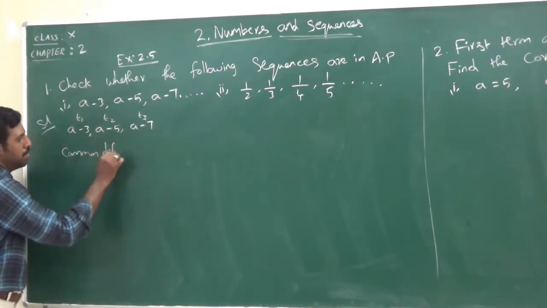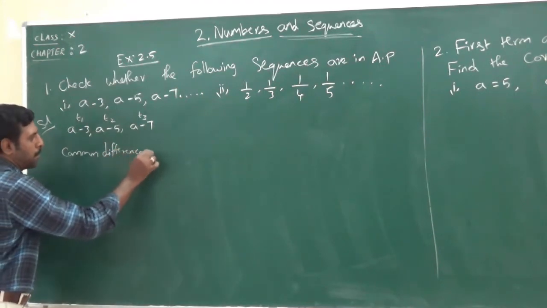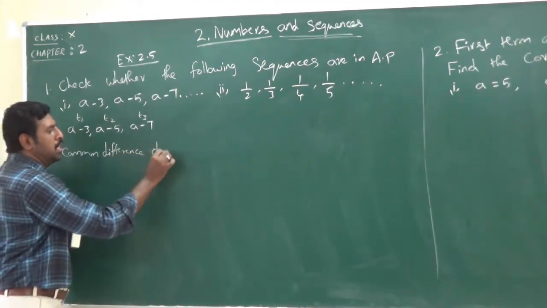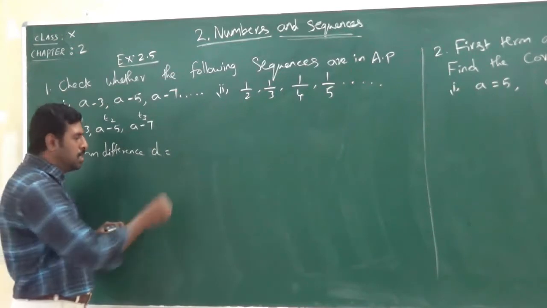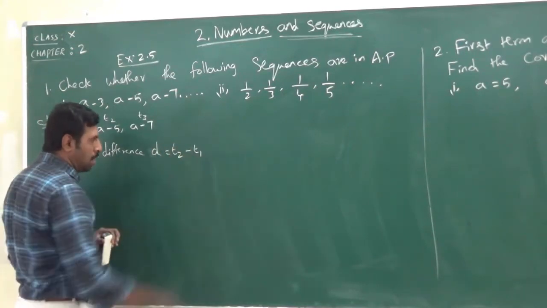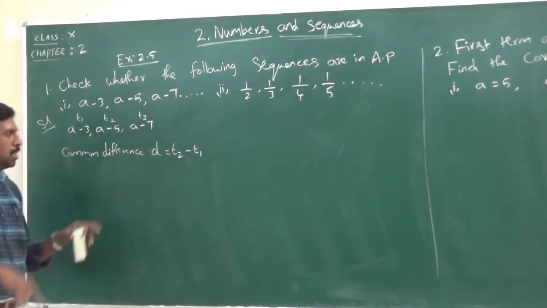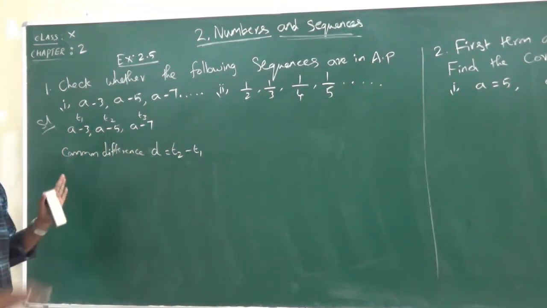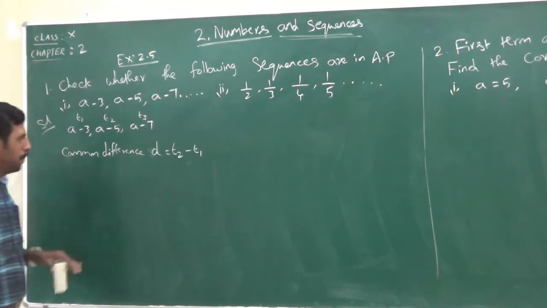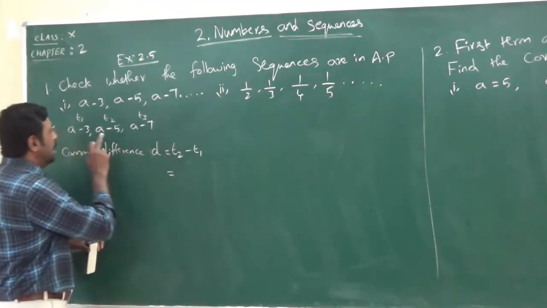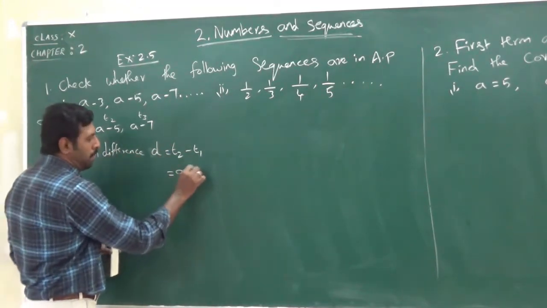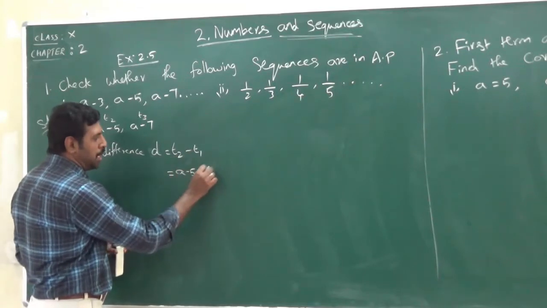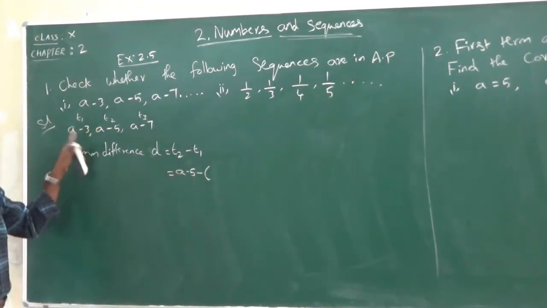The common difference, which we mention as small d, is equal to the second term minus the first term, and also we want to find the third term minus the second term. If the two common differences are equal, then it is an AP. Next, the second term is a minus 5, minus the first term, that is a minus 3.